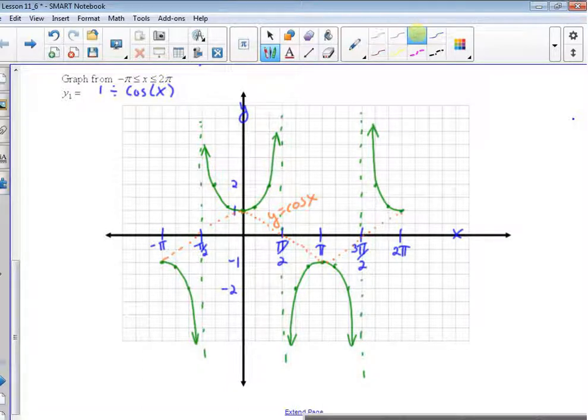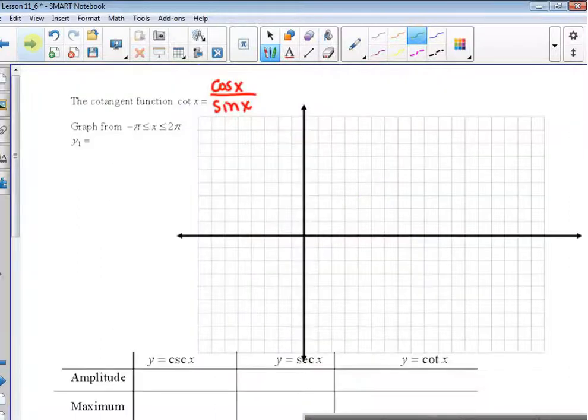And then this is y equals secant x. To go to the next page, and we have cotan, which is cosine over sine. Okay, but it's also 1 over tan.